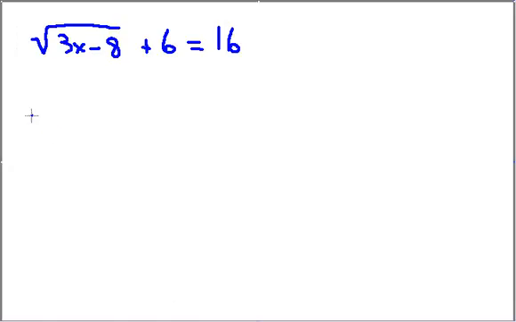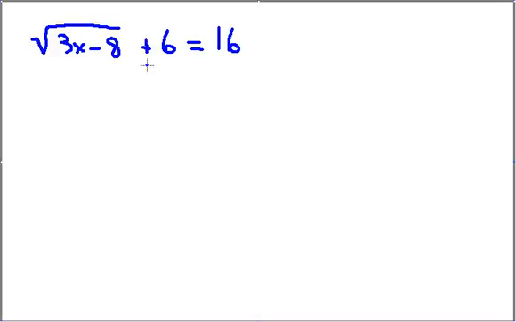Next, we'll take a look at one more. The square root of 3x minus 8, plus 6, equals 16. Once again, we have a radical equation. We have a variable within a radical sign. The first thing we want to do is get the radical sign that has the variable within it by itself on one side of the equation. Right now, it's being added with a 6.